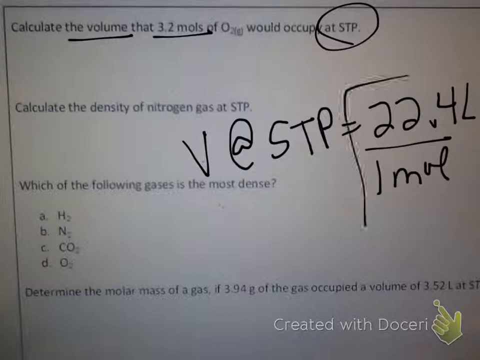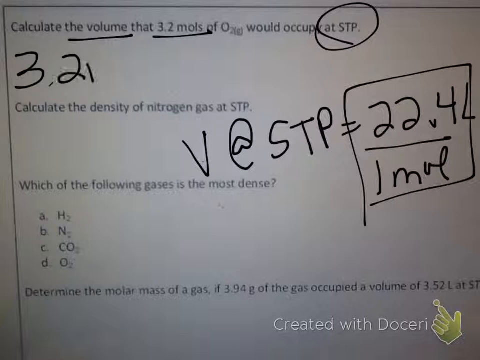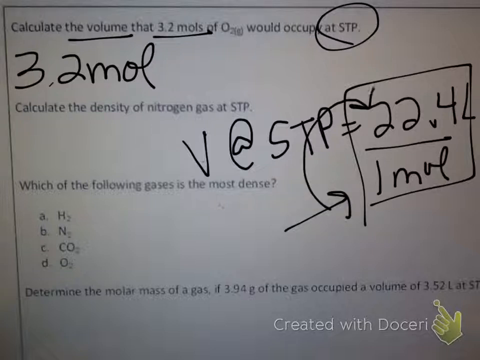This is a conversion factor, so we're going to solve this as a conversion. If 1 mole of gas at STP is 22.4 liters, can't we just multiply our 3.2 times 22.4 liters?